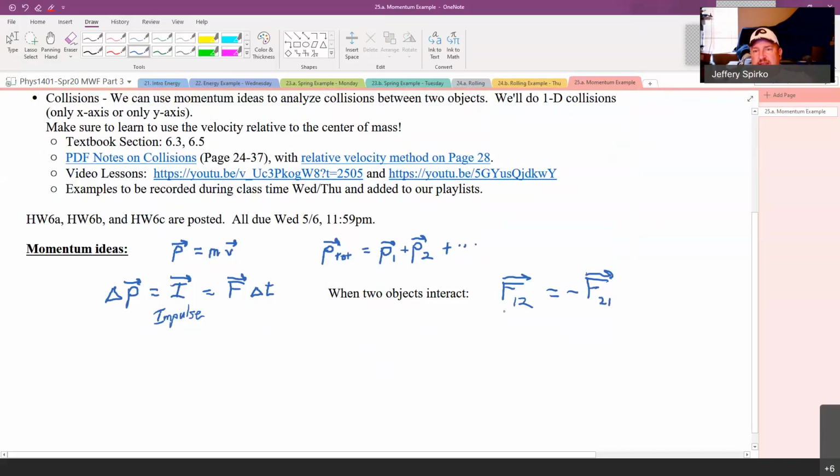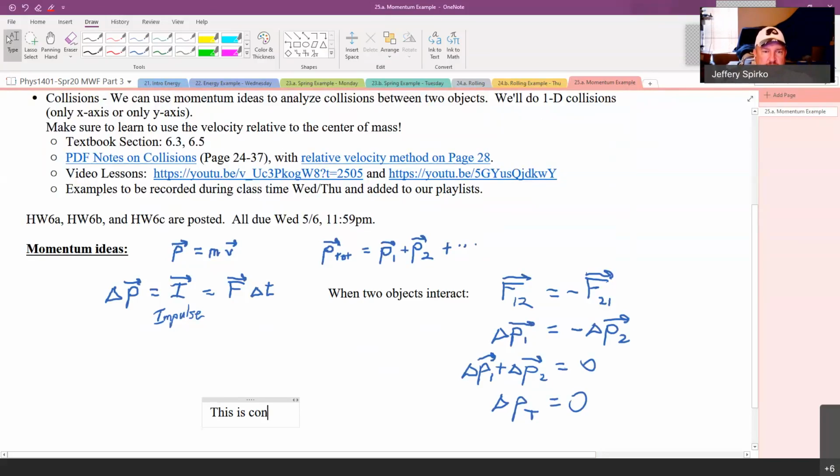And that means that the change in momentum 1 is minus the change in momentum 2, which means that delta P1 plus delta P2 is equal to 0. In other words, delta P total is equal to 0.